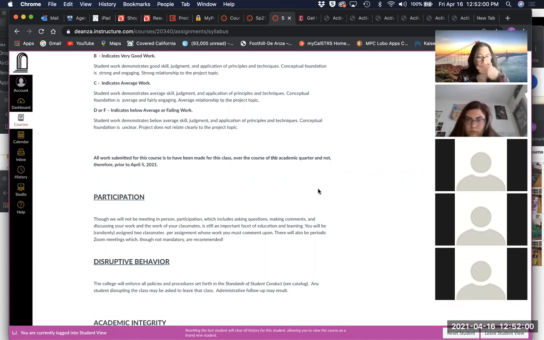Okay. There will also be periodic Zoom meetings, which, though not mandatory, are recommended. Again, our Zoom meetings are not required because we never actually meet officially. But I think it's nice to gather periodically, see each other, be able to talk about work. So we'll be holding Zoom meetings, probably one for each assignment at least, so that we can take a look at your work and talk about it.